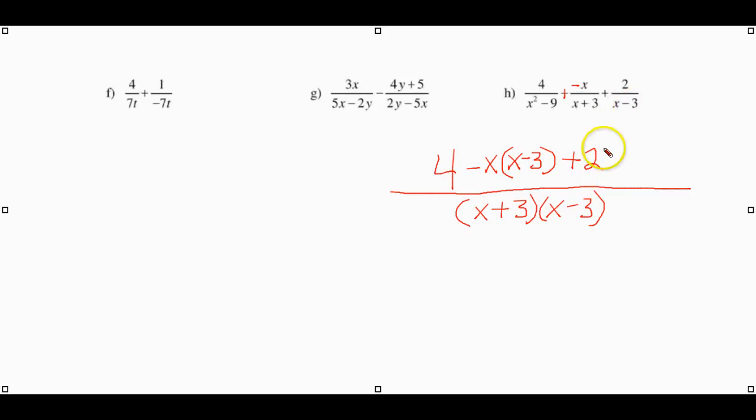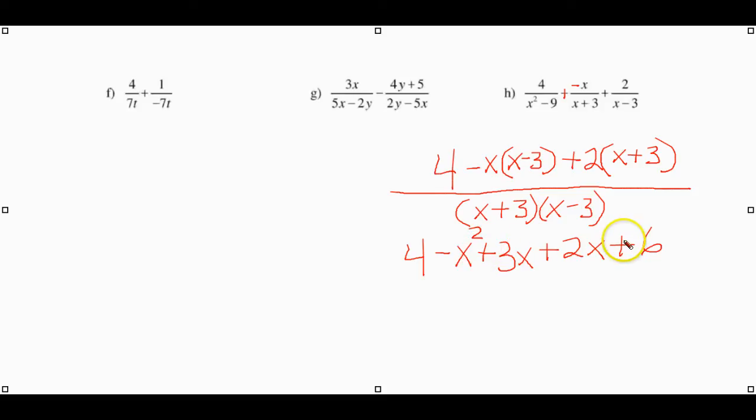Well, it's missing the x plus 3. So we put that there. So our lowest common denominator is this. These are the conjugates of that. So we just multiply the part that's missing by the numerator, and this is what we get. So let me give you a moment now to do this as I do it. And be careful of the signs.